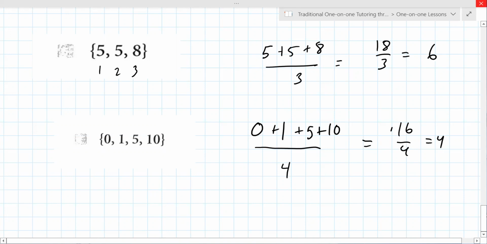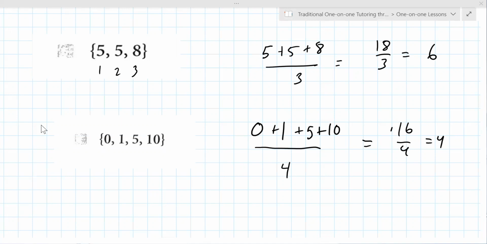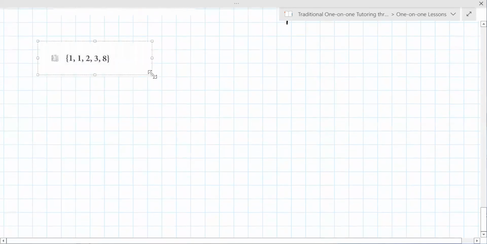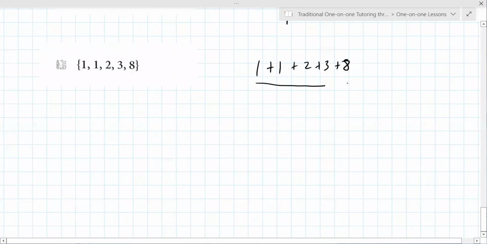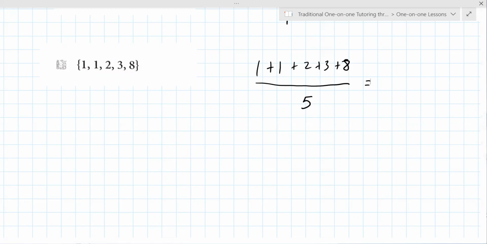Pick another one we haven't done yet, I guess. Okay, I'll do 8. $15.